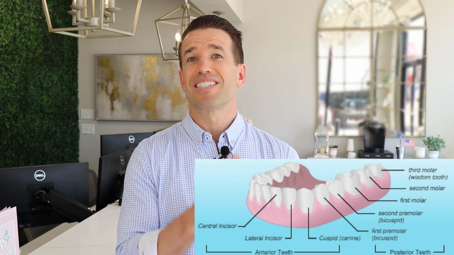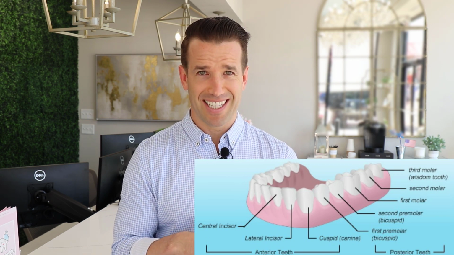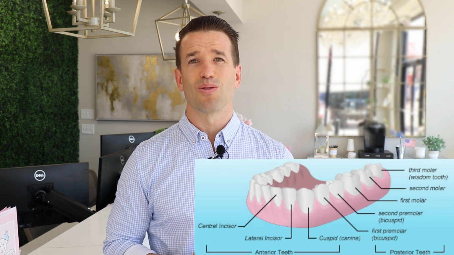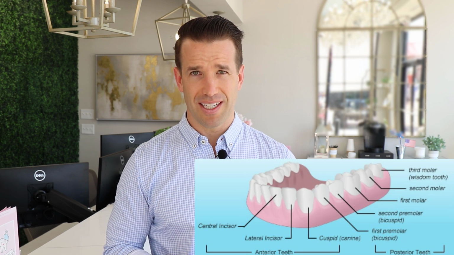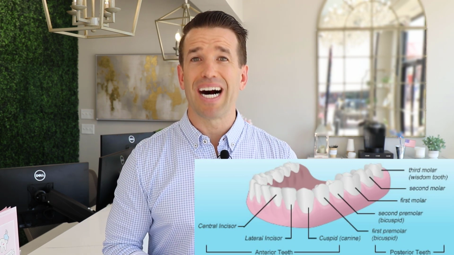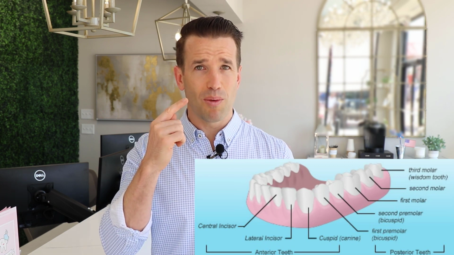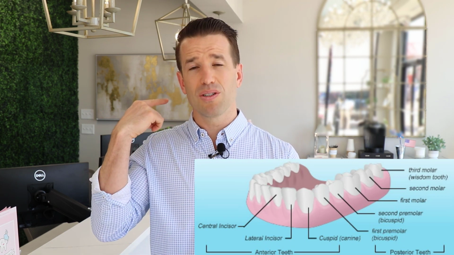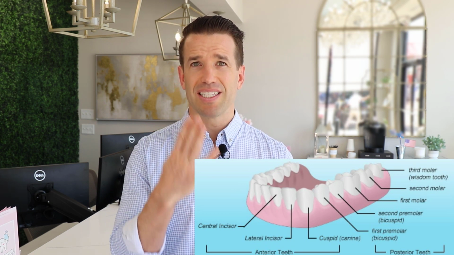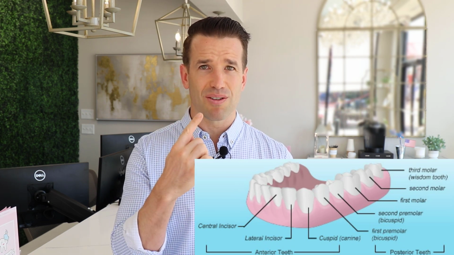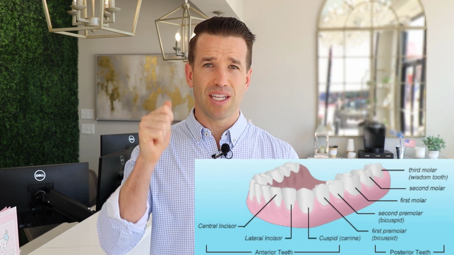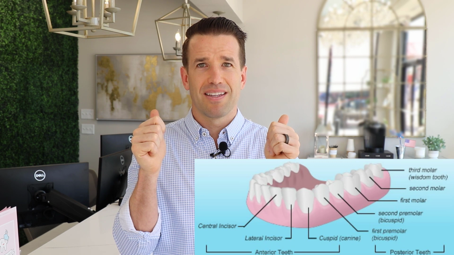And then if you put all 6 front teeth together, the centrals, laterals, and canines, those are the anterior teeth, the teeth towards the front. The teeth behind that, from the first premolar backwards, are called posterior teeth. So you have anterior teeth, which are the canines, laterals, and centrals grouped together, and then you have the posterior teeth, which are basically any teeth behind that.